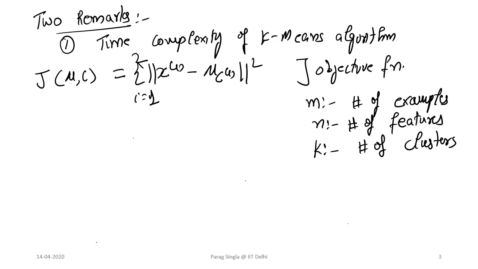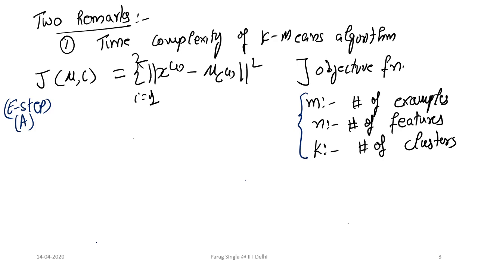And what we will do is compute the time complexity in terms of these variables for each iteration, and then simply multiply by the number of iterations. Okay, so step A, which is also referred to as E step, which is estimating the C's given the mu's. What is the time complexity of this?